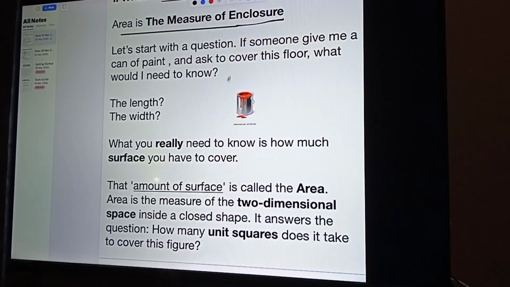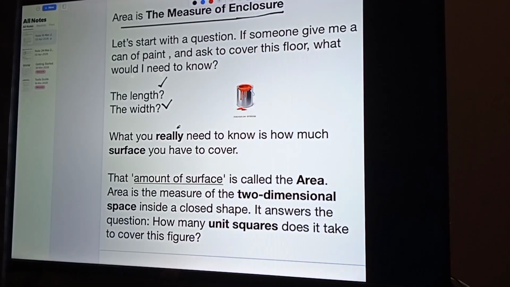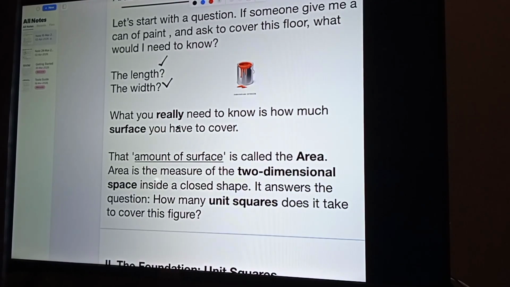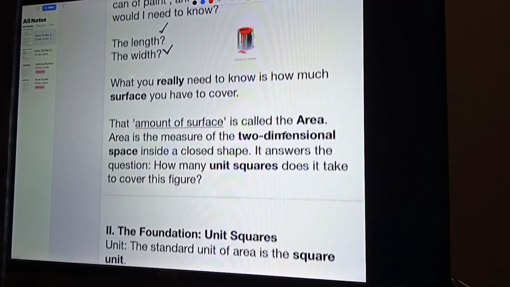With the help of this can of paint, first I need to know the length and the width of that particular floor or wall, because I have to cover a surface to paint. So the amount of surface is called the area.